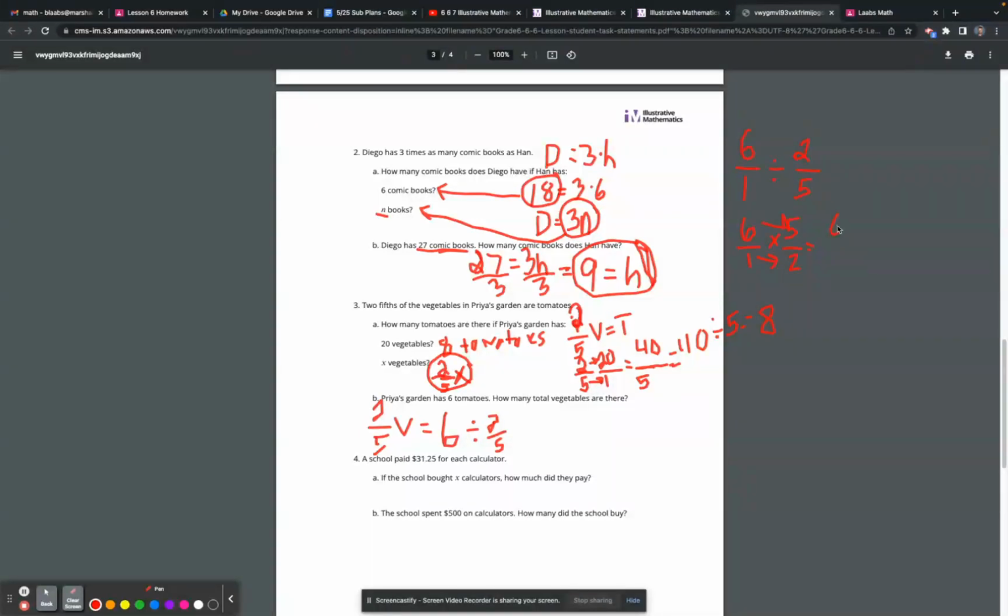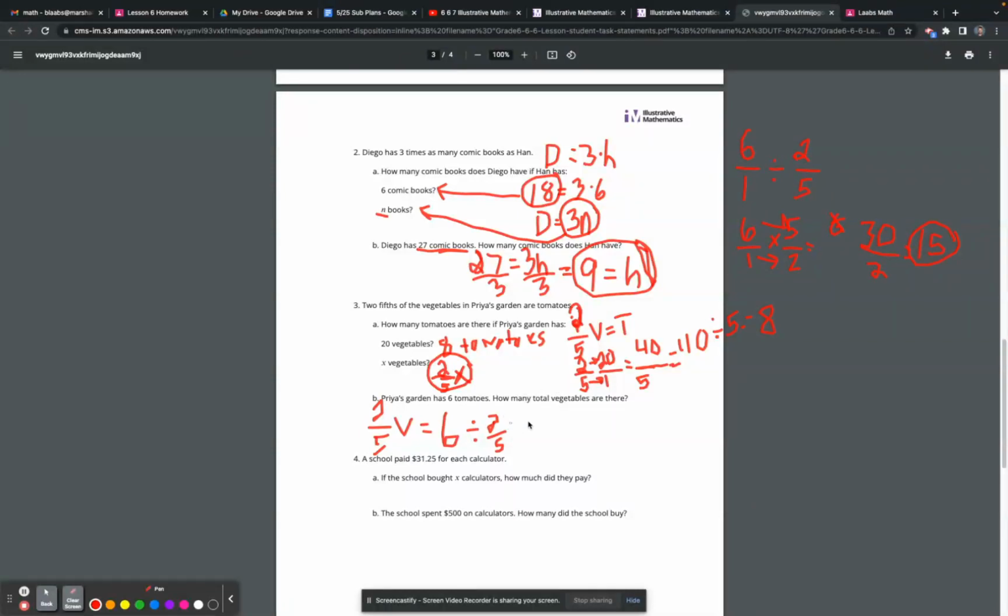6 times 5 is, whoops, I don't like that they don't have an eraser on here. 6 times 5 is not 60. It is 30. 1 times 2 is 2. 30 over 2 means 30 divided by 2, which is 15.